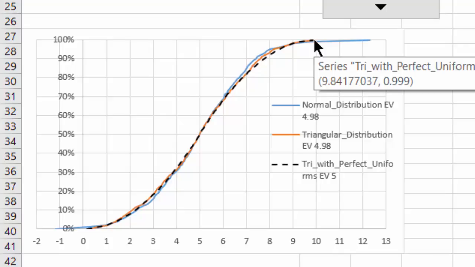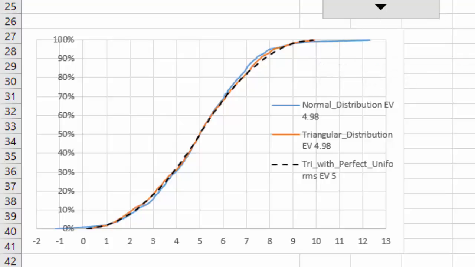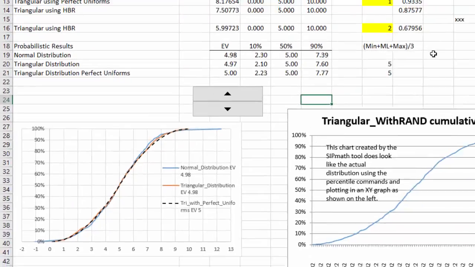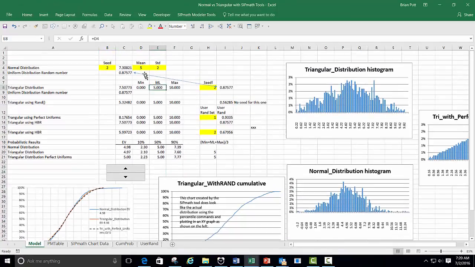So if you are a fan of normal distributions but don't really want those tails, you can easily model them using a triangular distribution, setting the most likely equal to the mean and the min and the max equal to 2.5 times the standard deviation from the mean.